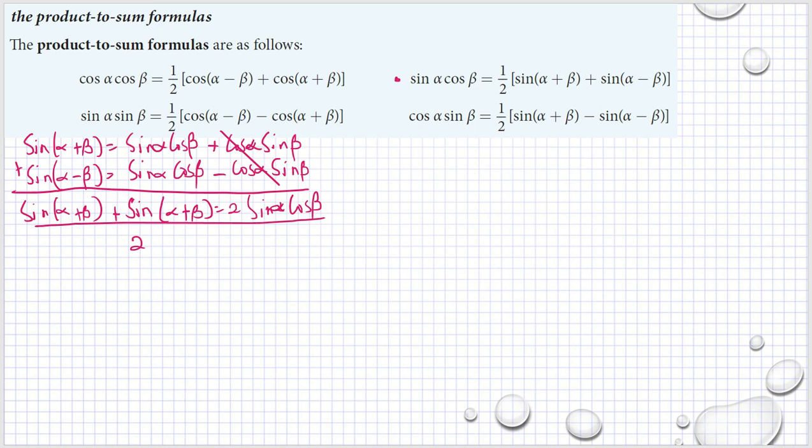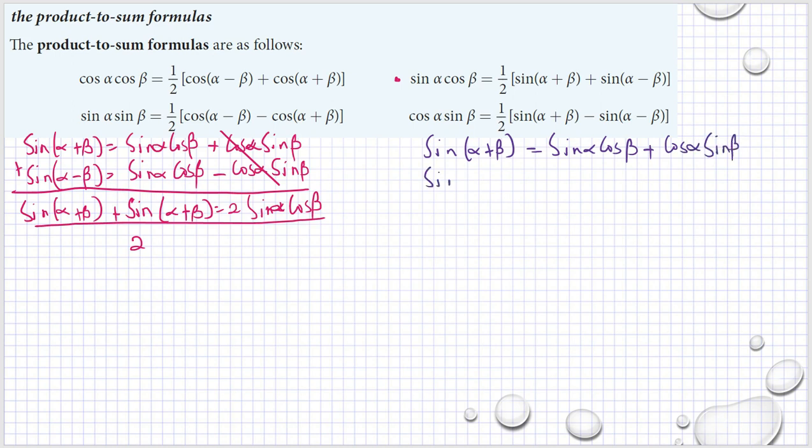We have sine alpha plus beta is equal to sine alpha cosine beta plus cosine alpha sine beta.